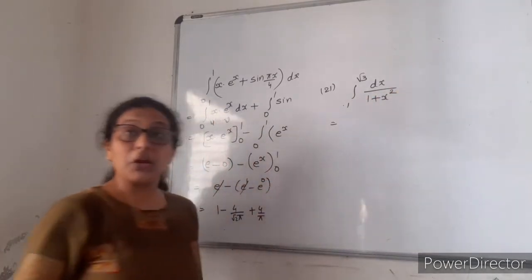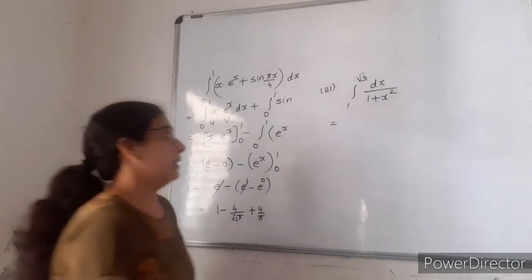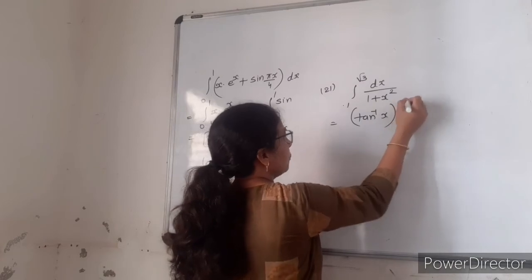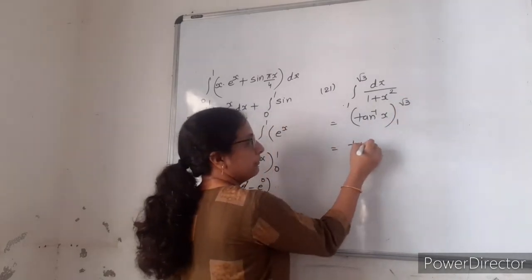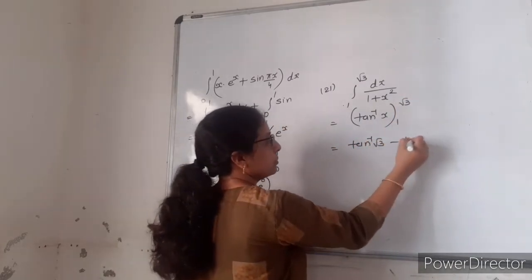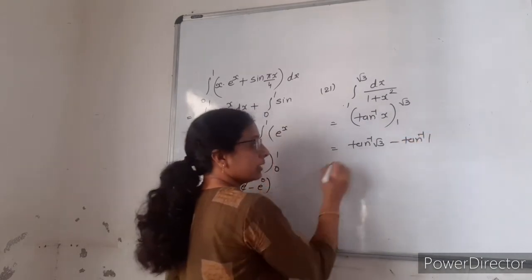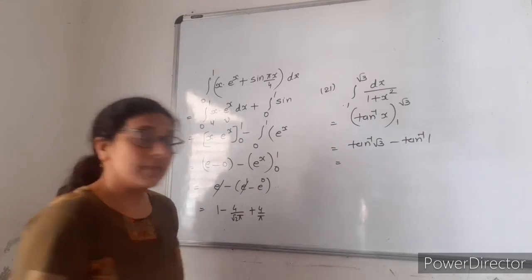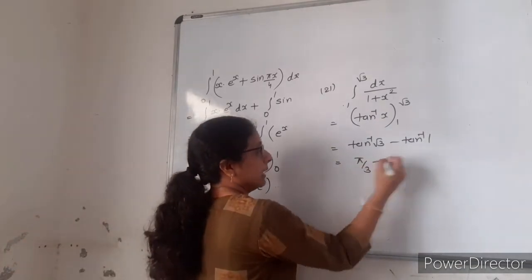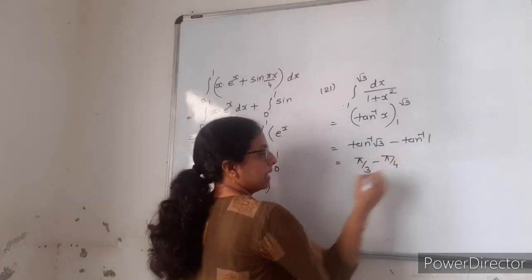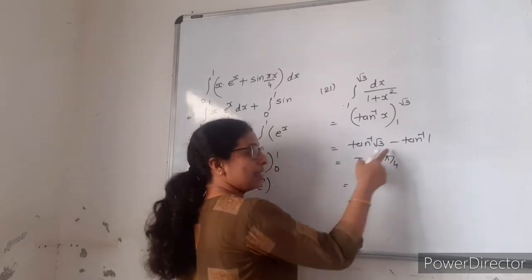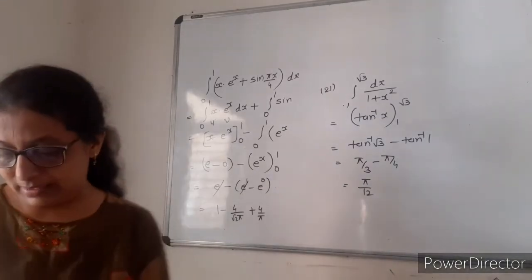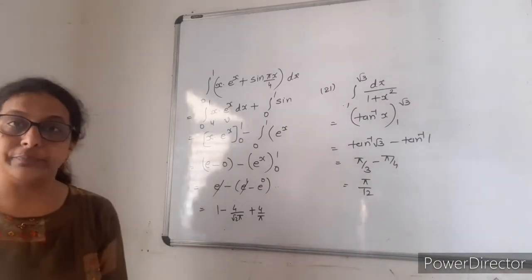So this is the formula of tan inverse, right? Yes. So we can say it is tan inverse x, 1 to root 3. If you apply the limit, tan inverse root 3 minus tan inverse 1. What is tan inverse root 3? It is pi by 3. And tan inverse 1 is pi by 4. 4 pi minus 3 pi, so the answer is pi by 12. So D option is correct.